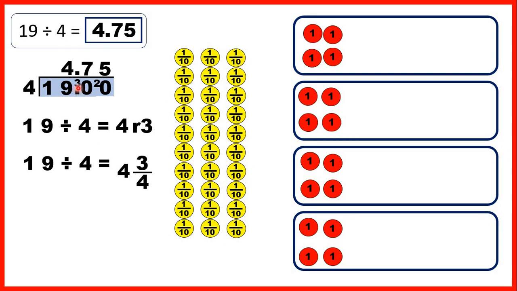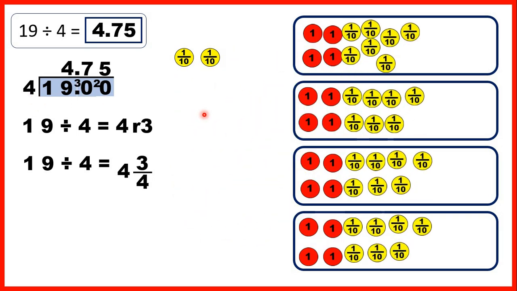So that's why we could put the remainder 3 in front of our tenths digit, because now we're going to divide 30 tenths by 4. We can share out 28 of those tenths, with 7 tenths in each group, so that's why the tenths digit of our answer is a 7. But we have a remainder 2.